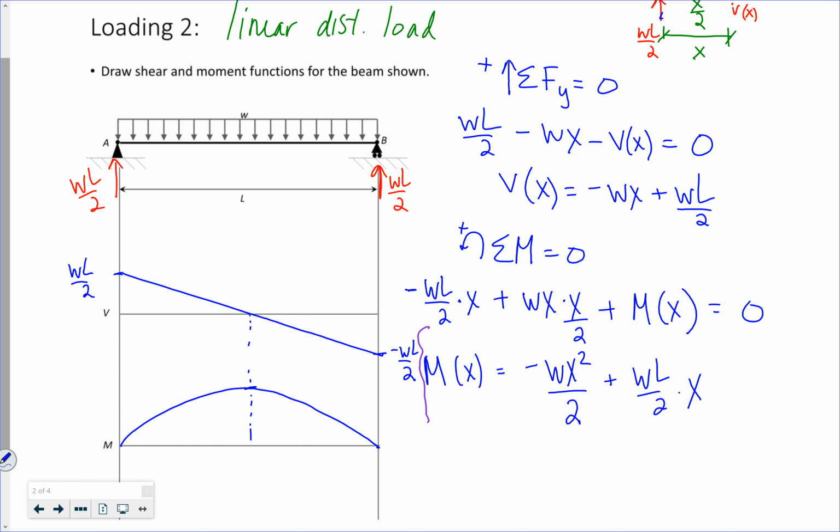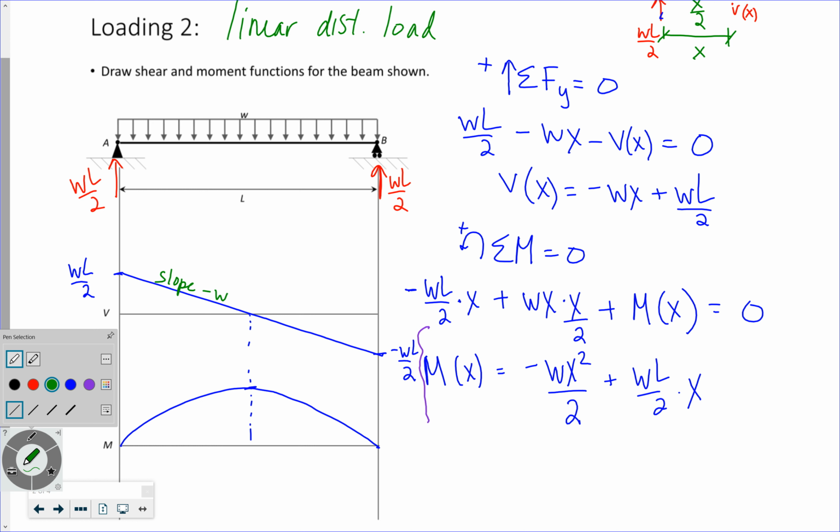It's as close as you're going to get. Right, so let's look again. What can we see? The slope here is negative W.